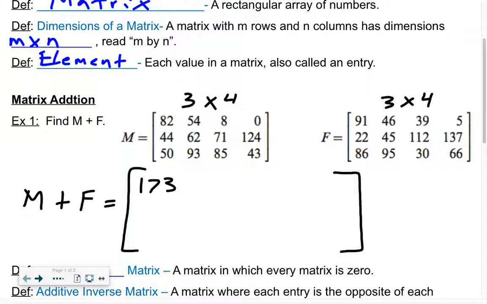Calculator if you need to, obviously. Hopefully you don't need a calculator to add 0 and 5 together.